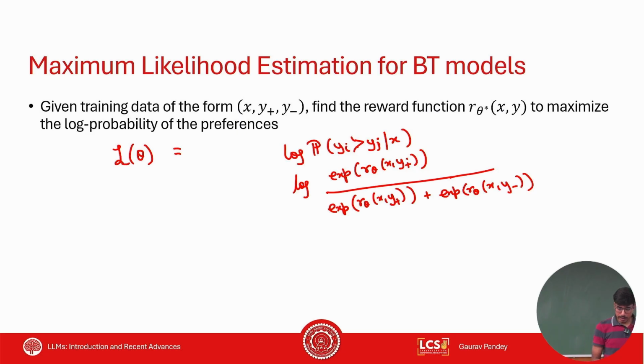So I can write this Bradley-Terry likelihood for a given triplet as follows. And since we have an entire data set, we will take the expectation over the data set. So expectation over these triplets coming from the data distribution, coming from this quantity, and this again is going to be plus, and this is going to be minus.